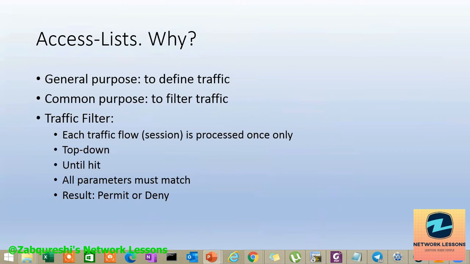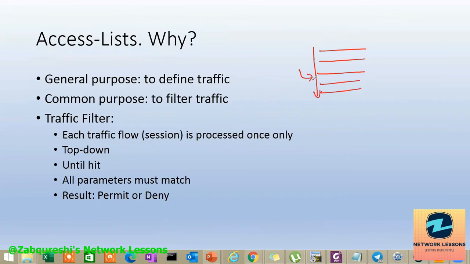Okay, then we have the access list. And why do we use an access list? As of now, you should know that an access list is nothing but a rule, and it works like it does on a router. You will have a top-down order here. The access list on the top will be processed first, and it will come down one by one.